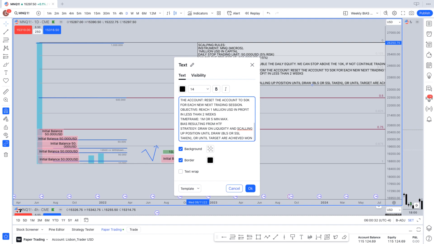Money targets, let's put dollar here, until dollar targets are achieved. So if we achieved above 10k, we are able to stop within the hour or 1.5 hour, or until the targets are achieved.